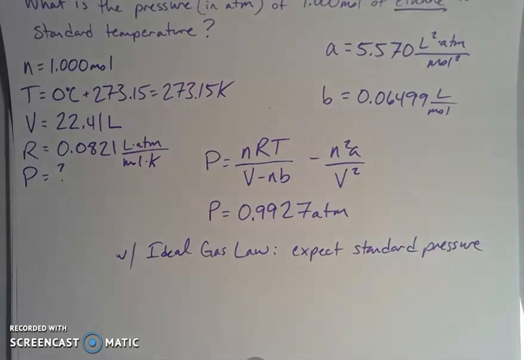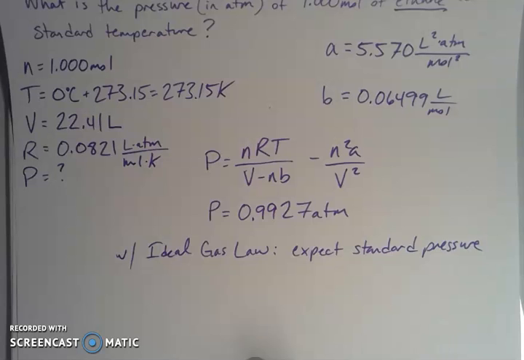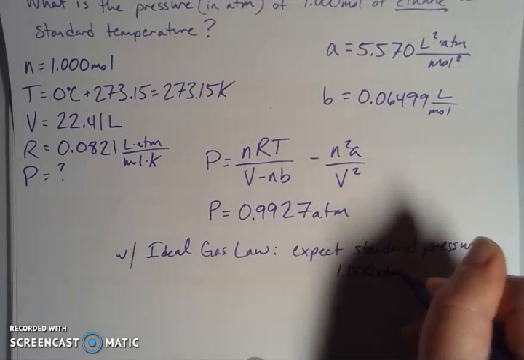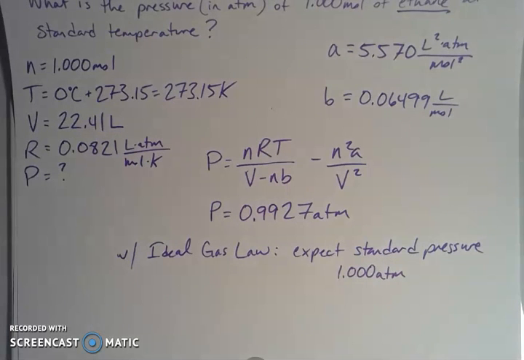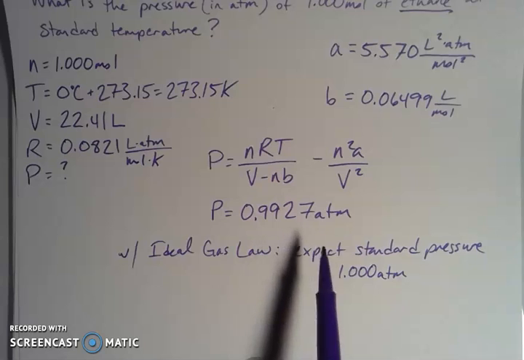Because Avogadro's law says that regardless of the identity of the gas, if you have 1 mole at standard temperature in this volume, then you would be at 1 atmosphere, because standard temperature and pressure is 0 degrees Celsius, 1 atmosphere of pressure. So with the ideal gas law, I would have predicted 1, versus the actual 0.9927.